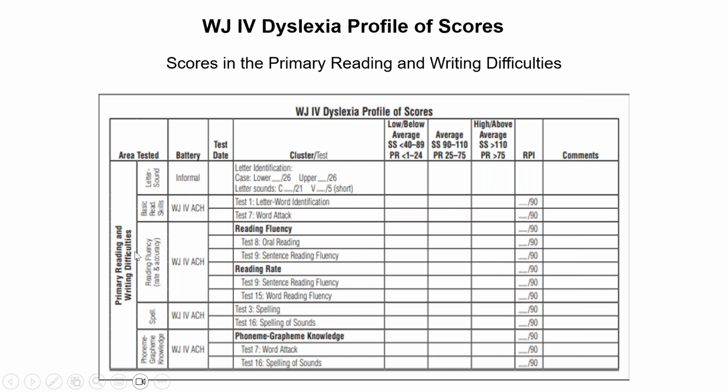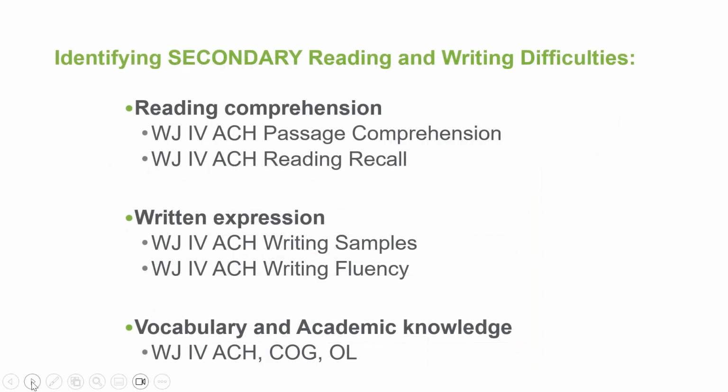The primary reading and writing difficulties, areas tested are listed here, the battery that's used, what's the test date, what are the tests that feed into each of these areas, how did they score, what's the RPI, and any comments. So again, this is just a resource to help facilitate and organize the norm reference testing data. Again, this would be merged with other informal data to make decisions. This in itself should not be used solely to make decisions.